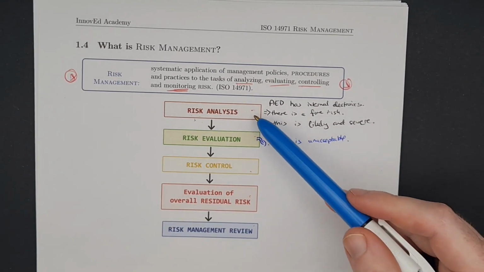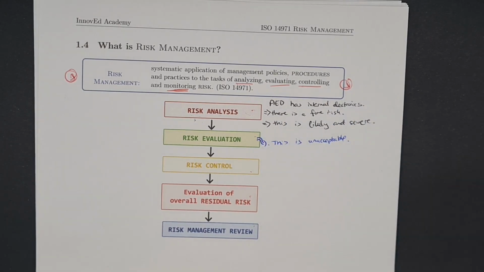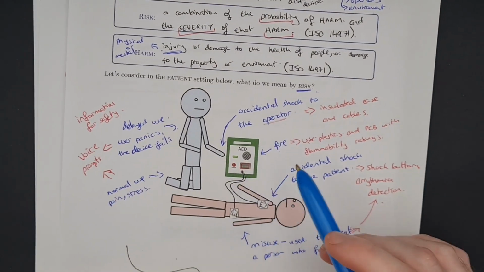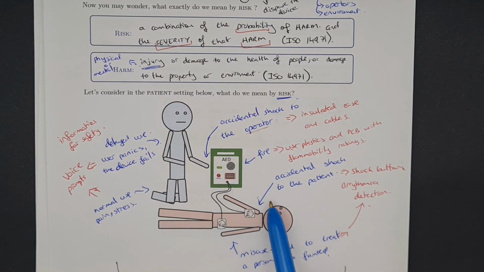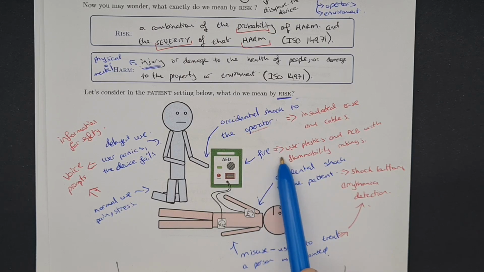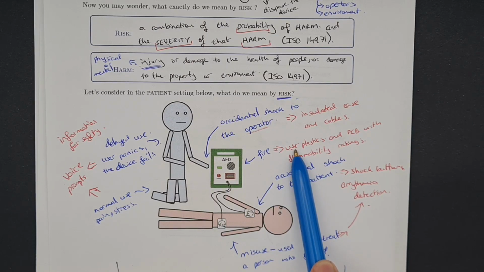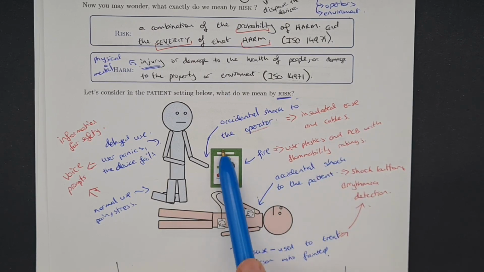Another key part of this, and it's a huge mistake that people always make when they first apply the principles of risk management, is that when you look back at your device, we have to assume when we first analyze risk that no risk control measures have been introduced. So when we're looking at the risk of fire, we have to assume that we have not yet designed the device to be using plastics or a PCB or any other components with flammability ratings.